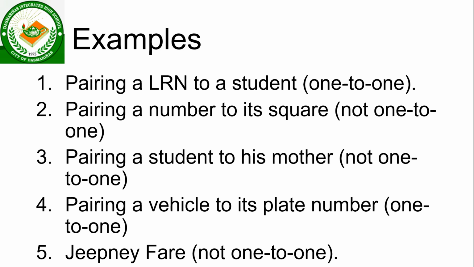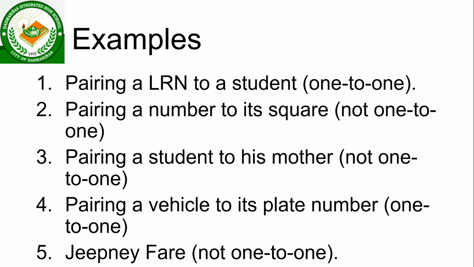A student cannot share, or two students cannot share a single LRN. Or two LRN cannot be given to a single student. Okay? Only one LRN per student. For a student, he can only have a single LRN.